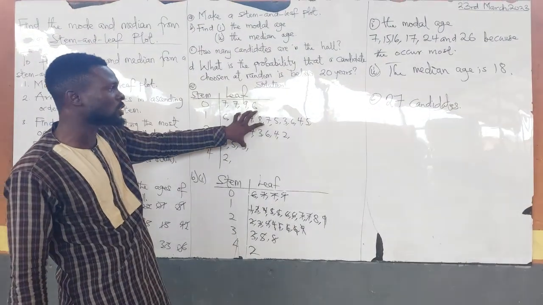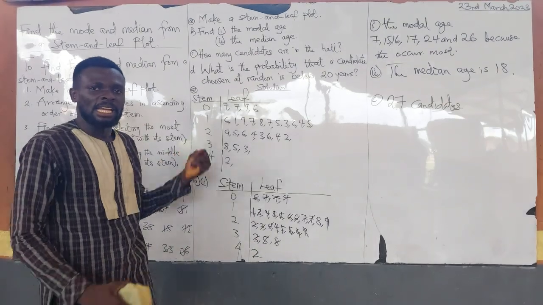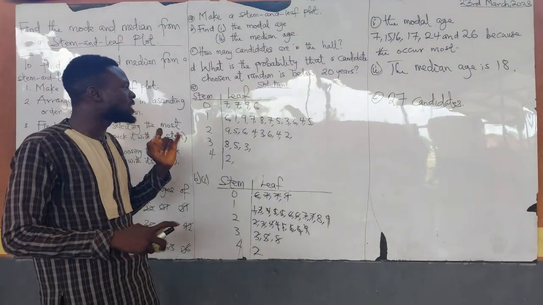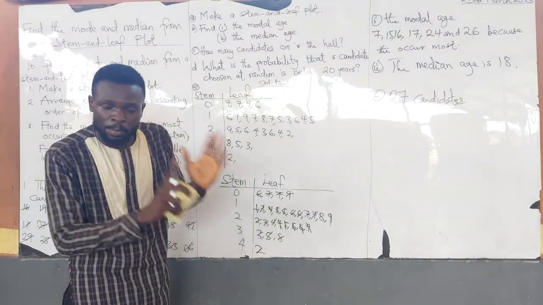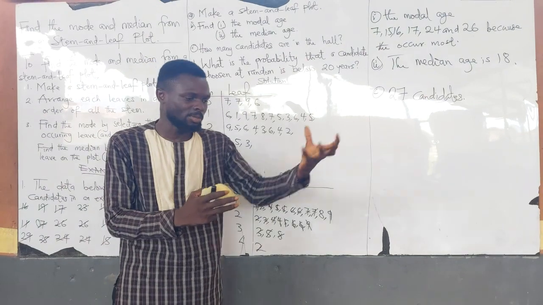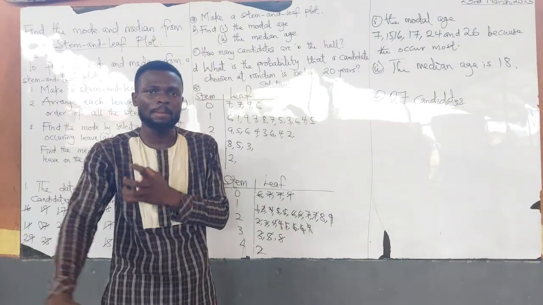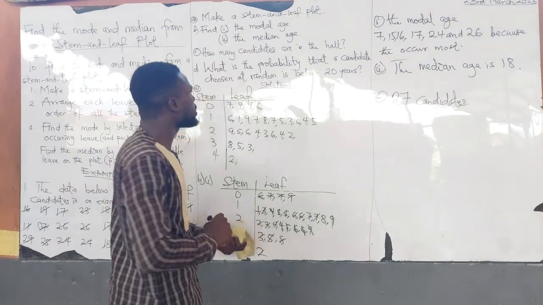If the candidate is below 20 years, then it means the candidate is from 0 to 19 years. That means you are below 20 years. And what are we finding? Probability.